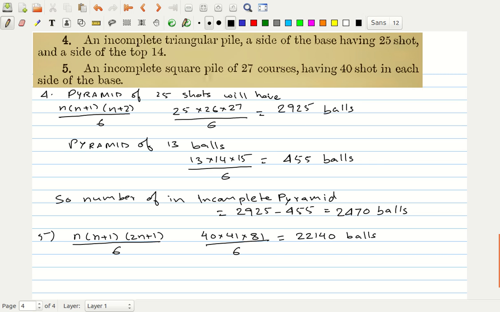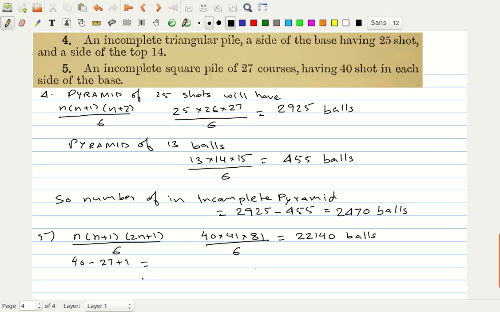Now because it is saying 27 courses, it means that the number of balls on each side of the square on the top layer is 40 minus 27 plus 1, which is actually equal to 41 minus 27. 41 minus 27 is equal to 14.